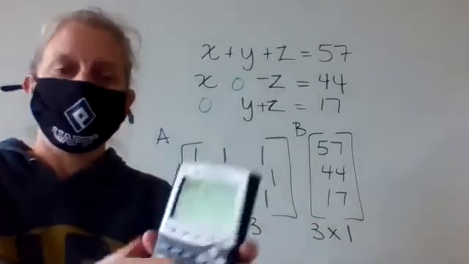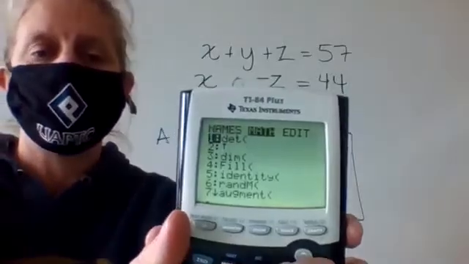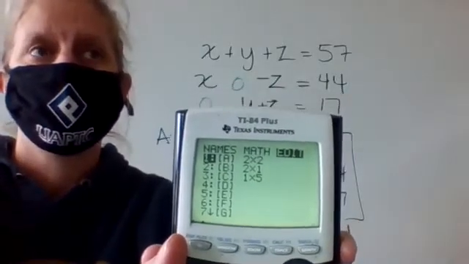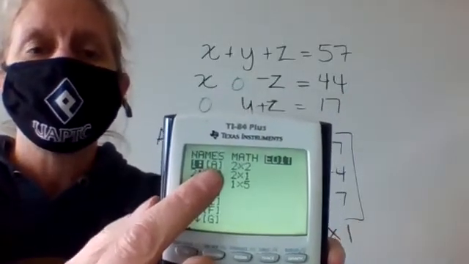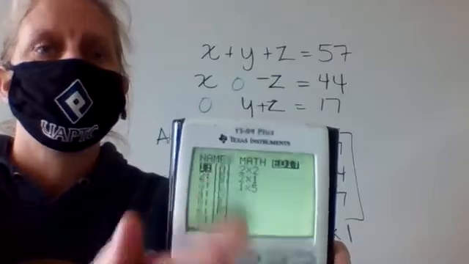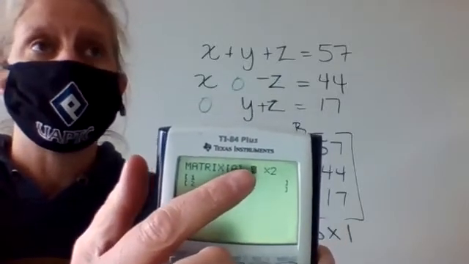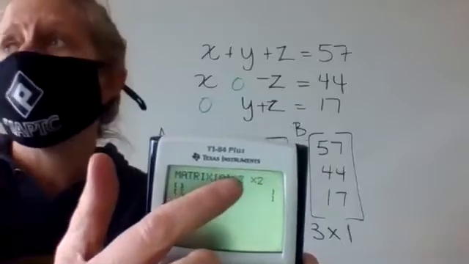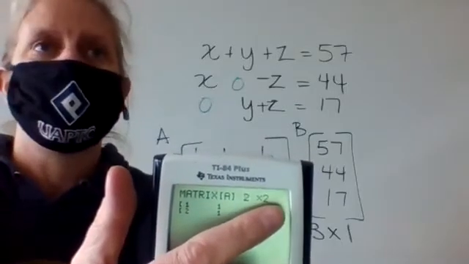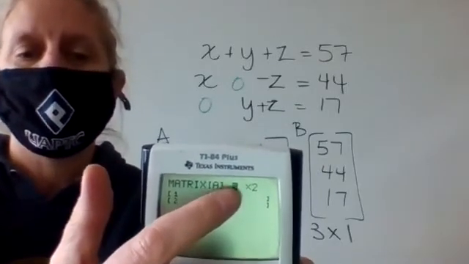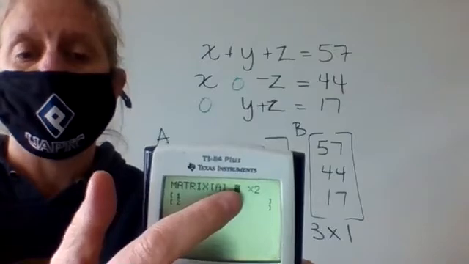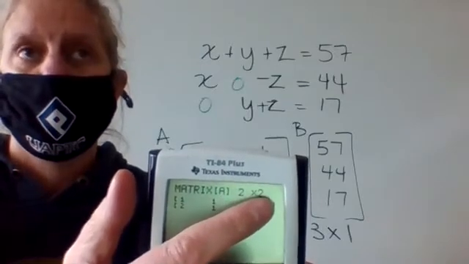So make sure you scroll over to edit first. And then you're going to edit matrix A. So hit enter. My last matrix that I put in was apparently 2 by 2. Yours may still say 3 by 3 from working on Friday. But you need to make sure that the dimensions are right. So that needs to be 3 by 3.